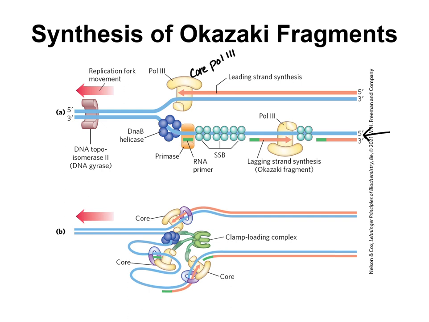Remember, there's a ton of other things too. So the replication fork is moving this way. Leading strand is doing what it's doing. The lagging strand, remember, we're making our fragments in the opposite direction of the replication fork.